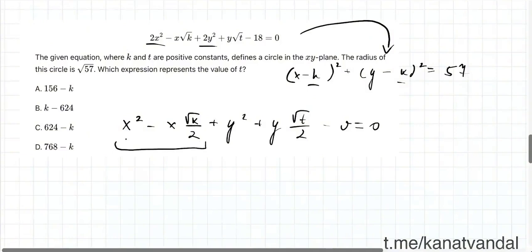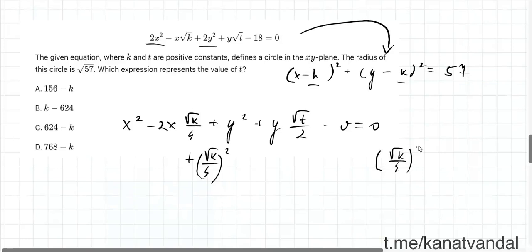Here is x squared minus x, and we can artificially write a multiplication by 2 and then division by 2, so here would be 4. And we can therefore add plus square root of k over 4 squared, and do the same on the right side of the equation.